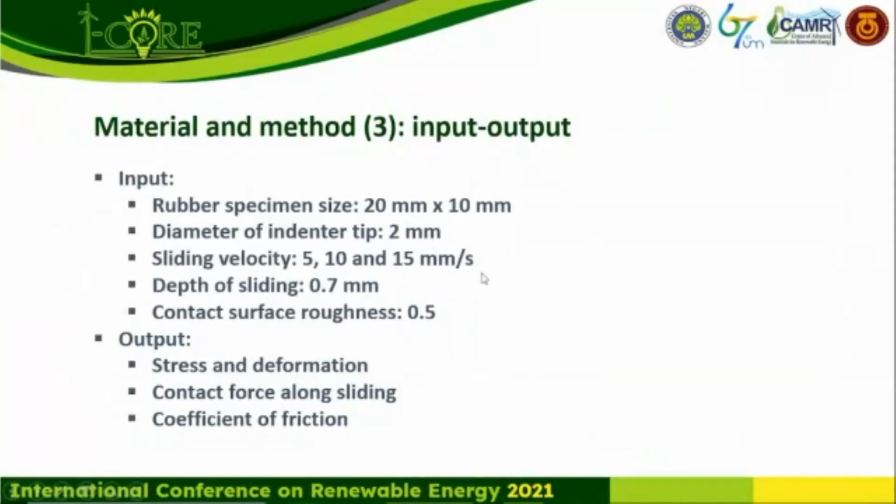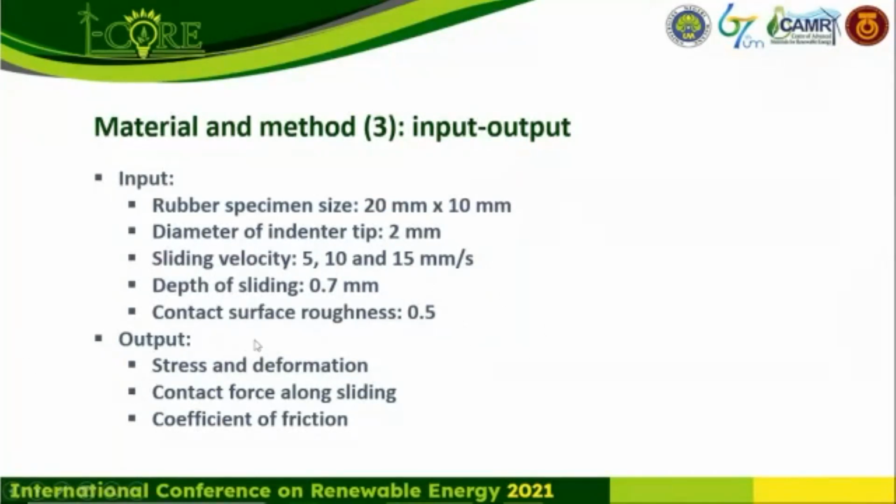We choose the sliding velocities as 5, 10, and 15 millimeters per second. The depth of sliding, or depth of penetration, is constant at 0.7 millimeter. The contact surface roughness is 0.5, the same as the coefficient of kinetic friction.